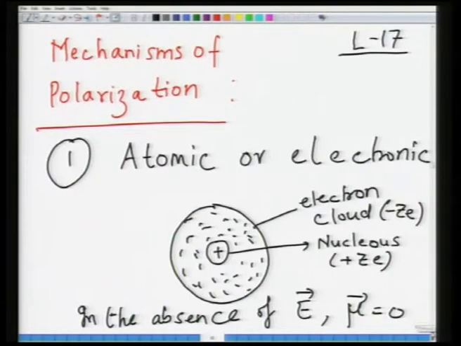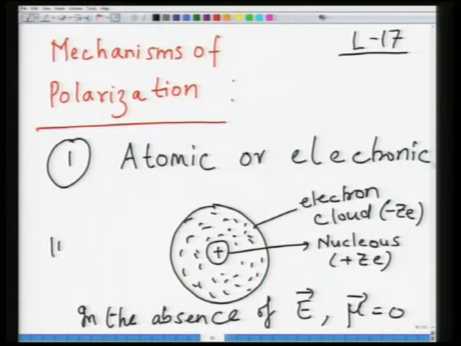Now, if we go back to the previous slides, the first one, atomic polarization, as we have seen, happens at the atomic level, which means the entities are very small in terms of mass. So, we are looking at electrons and the nucleus. When we are looking at the electrons and nucleus, this happens in the range of frequencies, let us say between 10 to the power 14, 15 hertz.